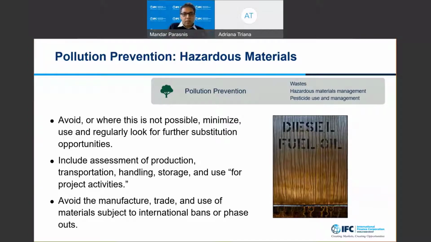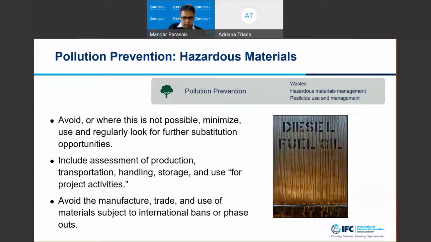This includes assessment, again, focusing on project activities in the ESIA, but covering the entire value chain, if we may say, with transportation, handling, storage, and use of these hazardous materials in the project. And one important requirement around this is actually to avoid the manufacture, trade, and use of materials that are subject to international bans or phase out.